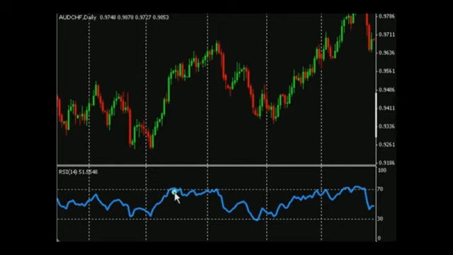You can see that price tends to be overbought when we get up to this range, and at that moment you can see that the momentum has decreased. But currency pairs can be overbought for an extended period of time, just like in this case.